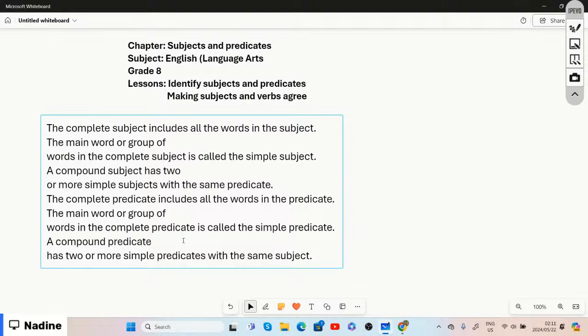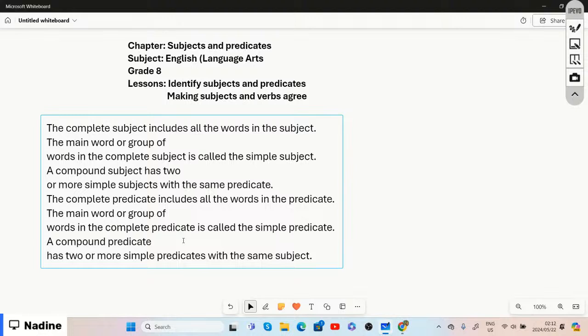So remember also with the subject, for example, if we say the subject is Nadine, then it is Nadine, and basically whoever we're talking about, even if it's Nadine and Sarah. And then that is our predicate, whether it is a compound subject or we're just talking about Nadine.